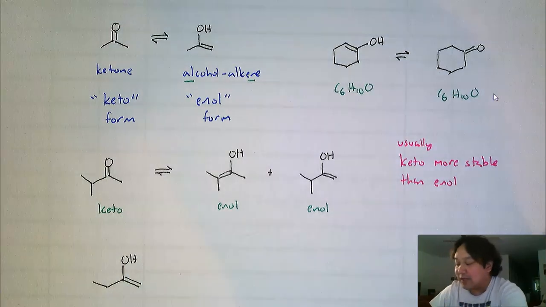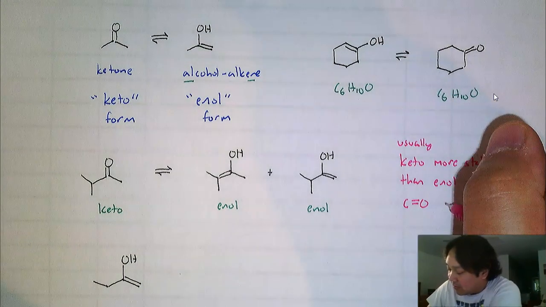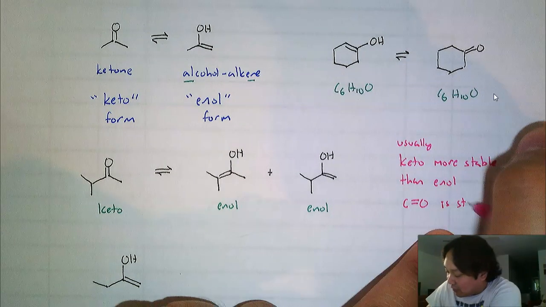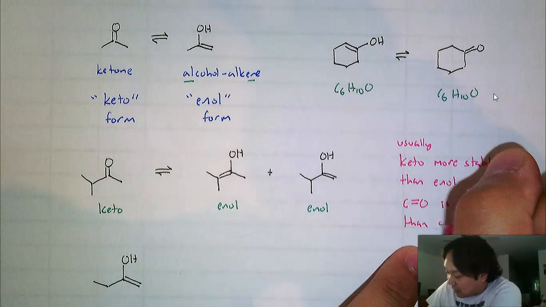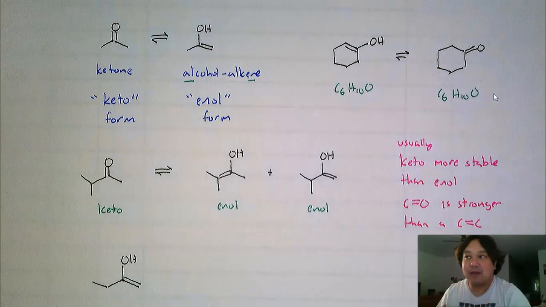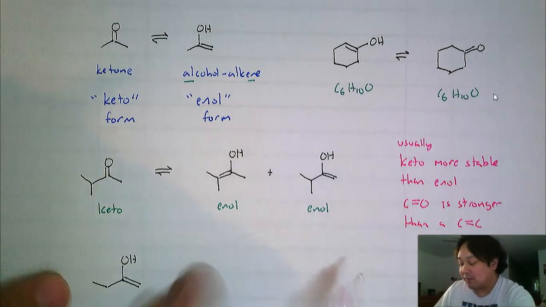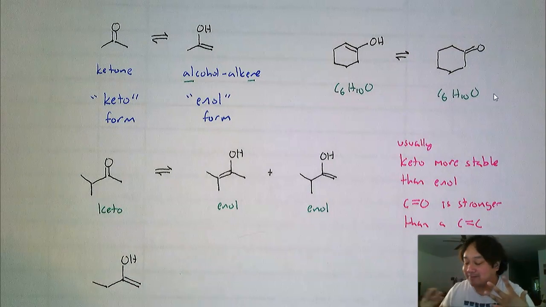Okay. That's because a carbon-oxygen double bond is stronger than a CC double bond. So there's the thermodynamic motivation for the molecule to mainly look like this. In terms of percentages, I don't know.